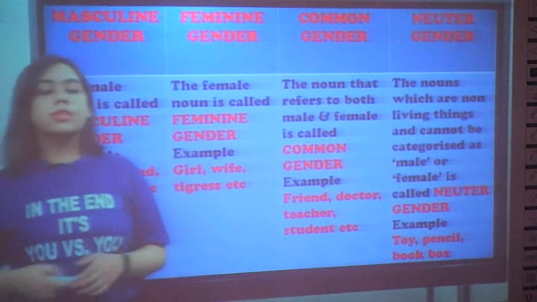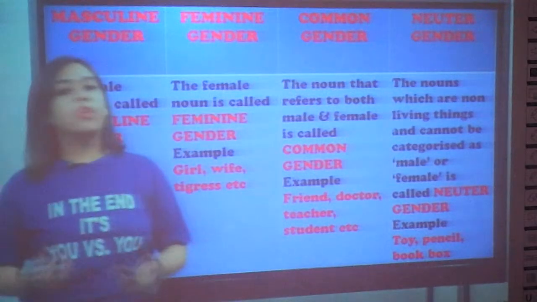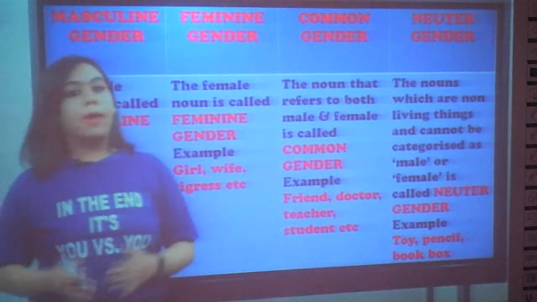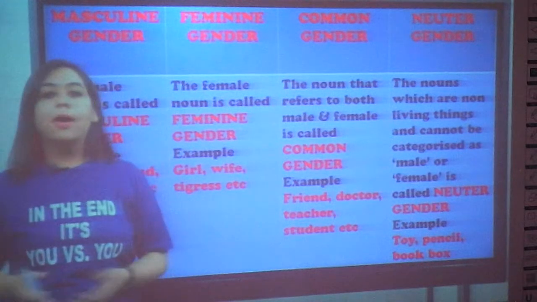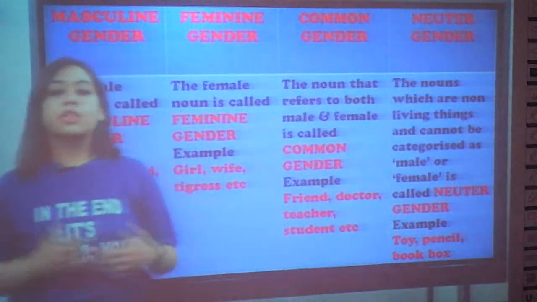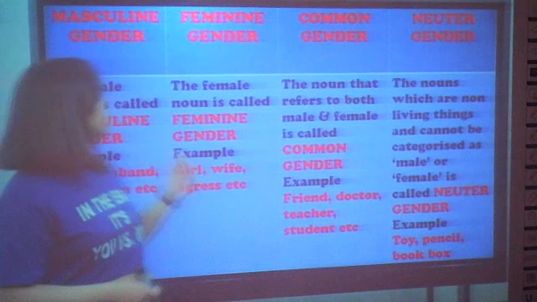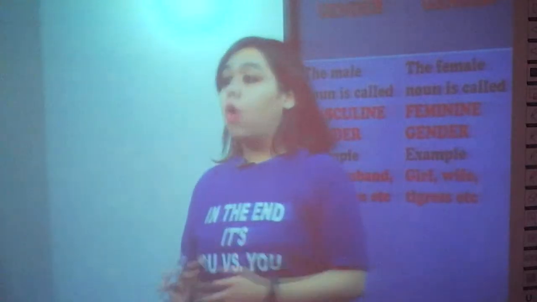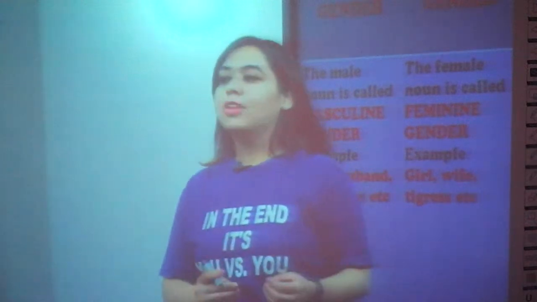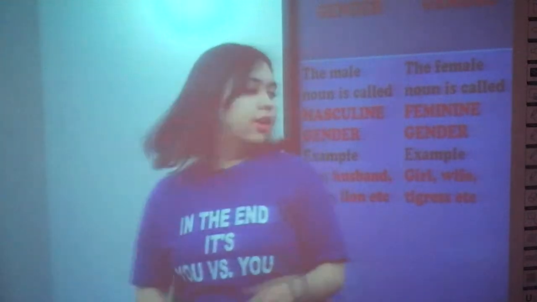What are you doing this evening? So you say, Ma'am, I have an appointment with the doctor. So by your word doctor, I know that you're going to visit a doctor, but I don't know whether the doctor is a he or a she, whether it's the masculine gender or the feminine gender. So I will put the word doctor under the heading common gender. Okay, so it's clear.